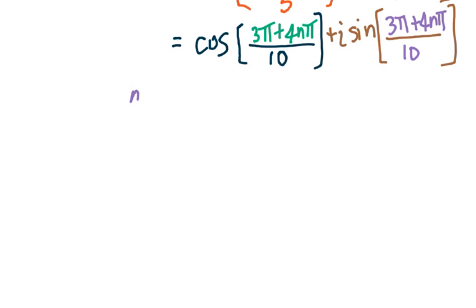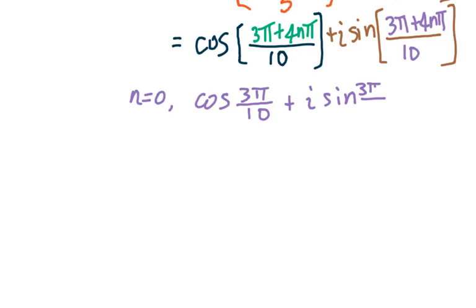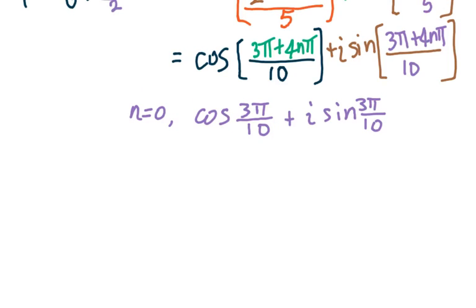So when n equals 0, I will get cosine 3 pi over 10 plus i sine 3 pi over 10. It equals 0.59 plus 0.81i. We call this Z1.